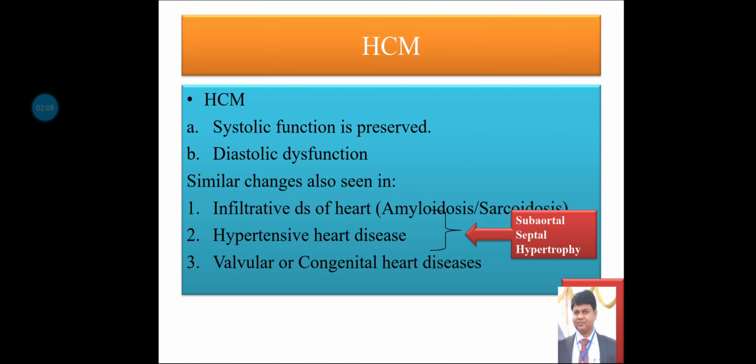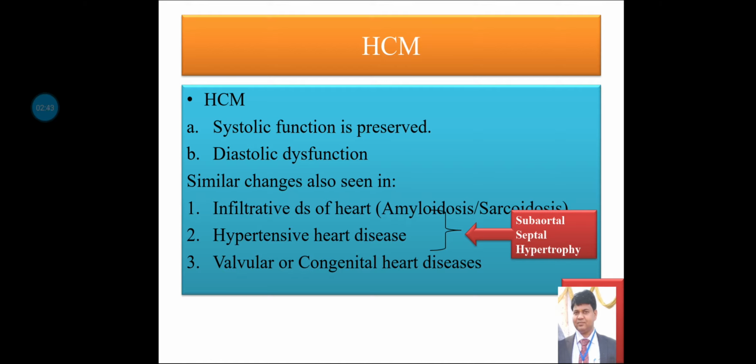Similar changes are seen in other conditions of the heart, especially infiltrative diseases of the heart, in which there is infiltration by abnormal proteins, minerals or some infections. In amyloidosis, abnormal protein deposition is seen in the ventricular muscles, and there may be fibrosis, or sarcoidosis, in which there is formation of granulomas.